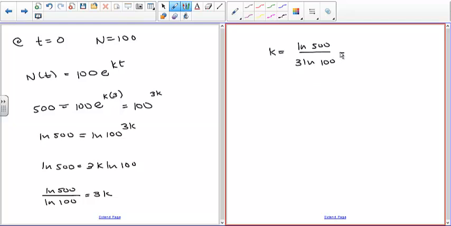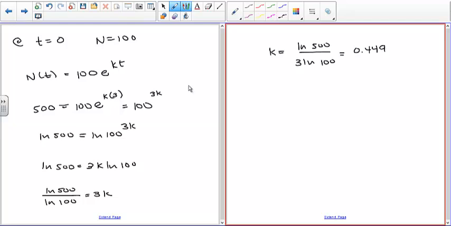The natural log of 500 is 6.21. We divide by 3, which is 2.07. And we divide it by the natural log of 100. And the answer I get is 0.4498.